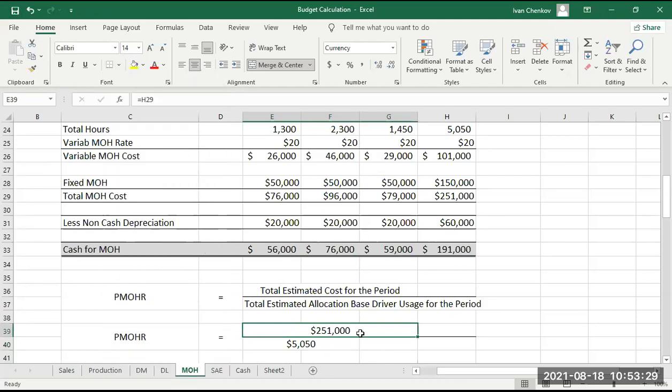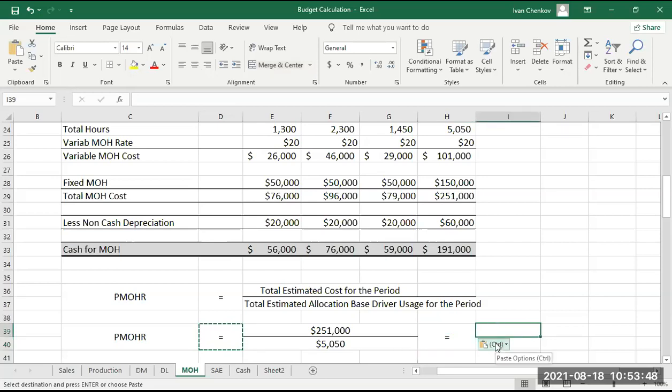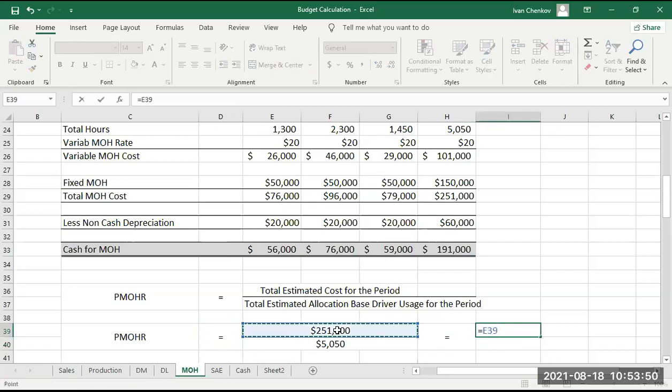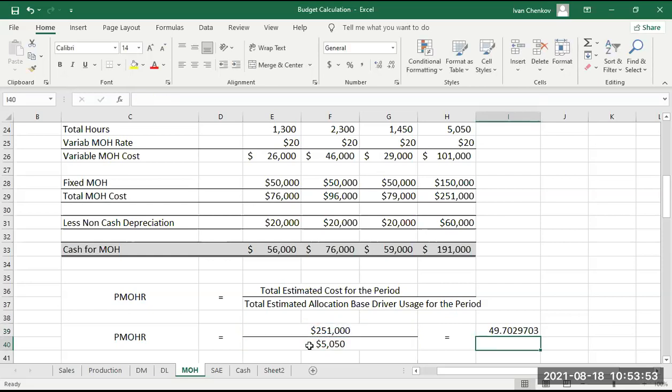Make sense? All right. So how much will be our predetermined manufacturing overhead then? Let's copy this one here, move it here, and that will be equal to this one divided by that one. And that will be a dollar amount. Now we get our predetermined manufacturing overhead rate.